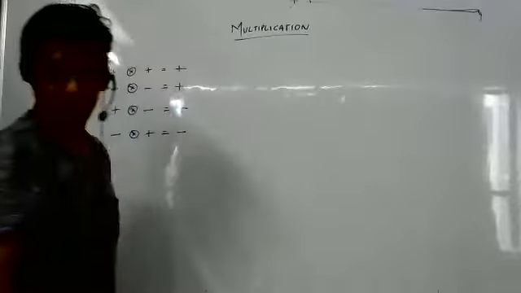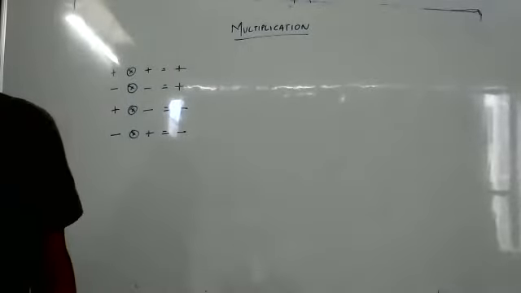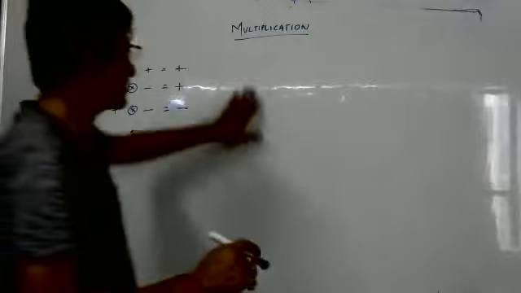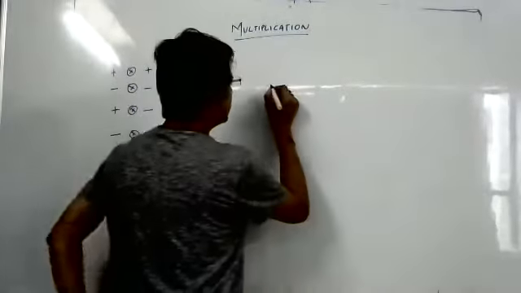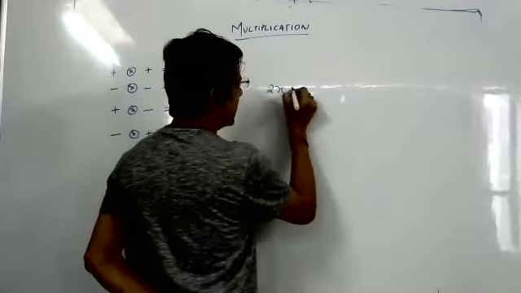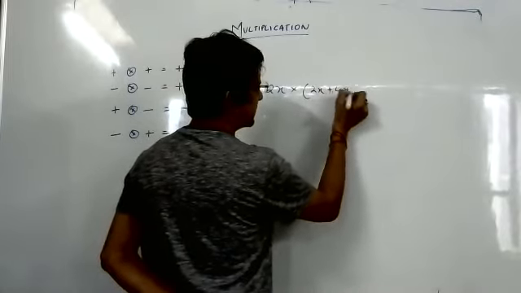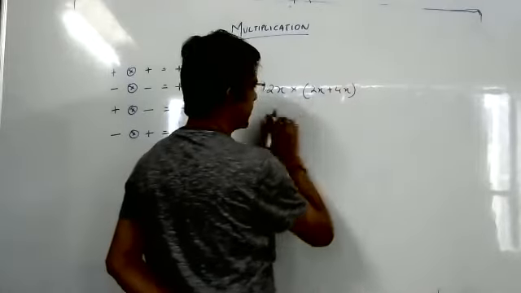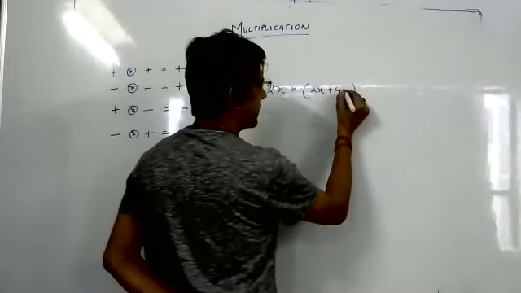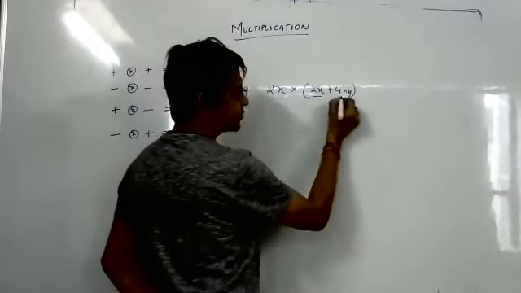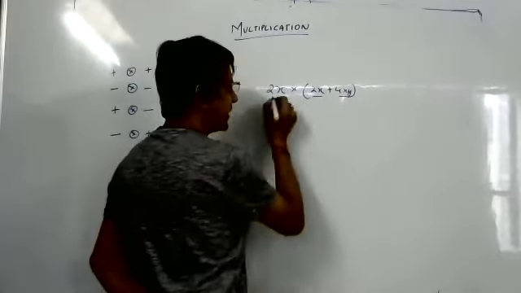Now binomials. I'll give you binomial question 1. In this type, I'll take a very small question. Suppose I write 2x multiplied by 2x plus 4xy. So it has 2 terms and this is 1 term.